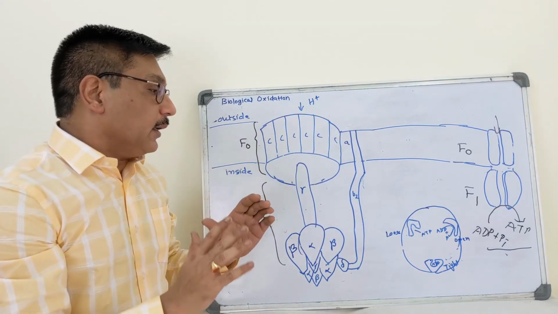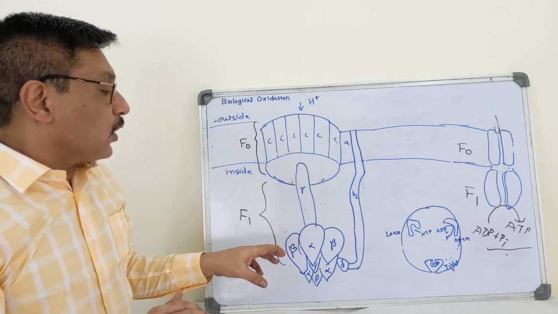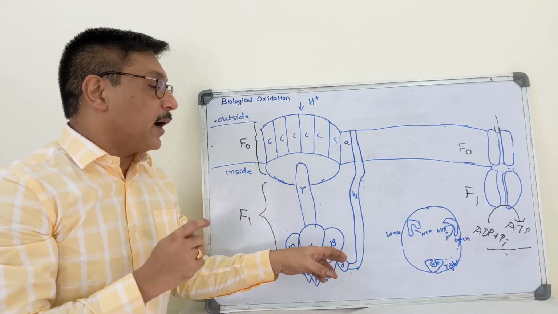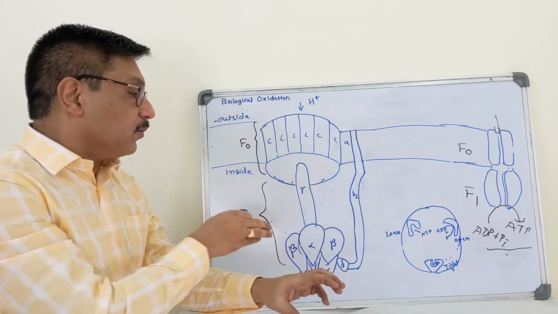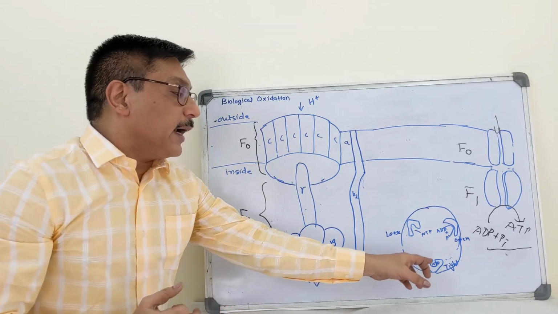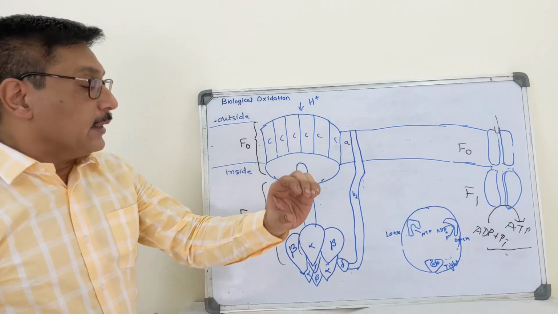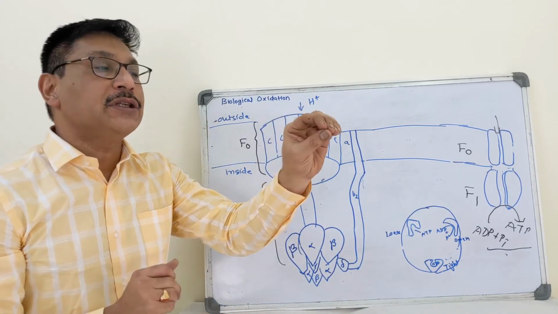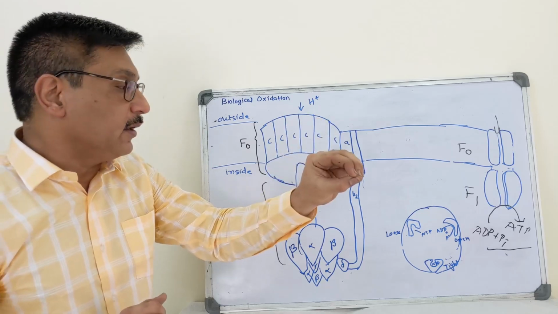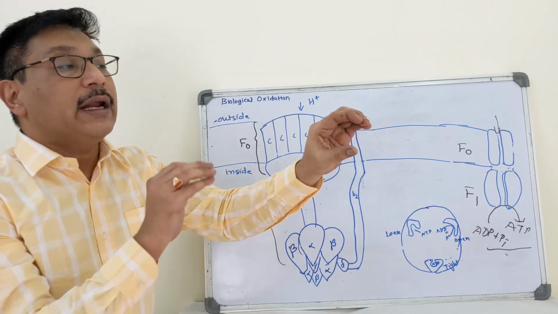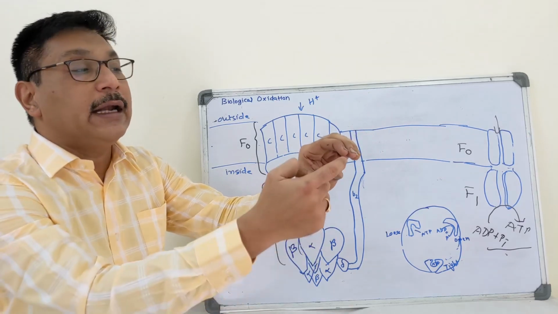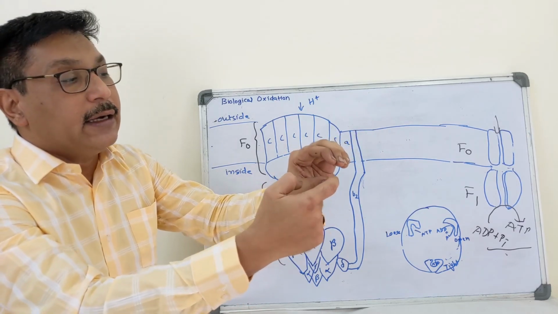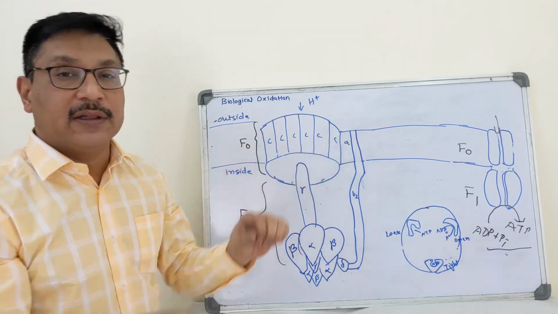So there are three conformations of the alpha and beta subunits, and this occurs particularly at the beta subunit. There is a tight conformation where ATP is packed inside, a loose conformation where ATP is released, and an open conformation where ADP and Pi can enter so that ATP can be synthesized.